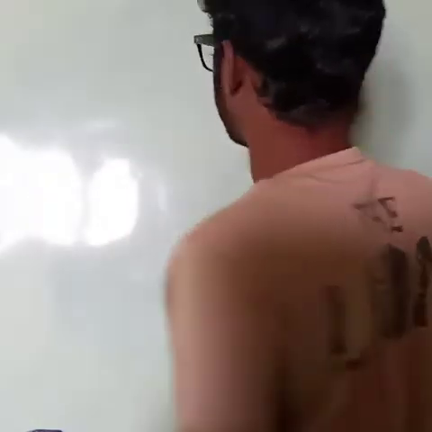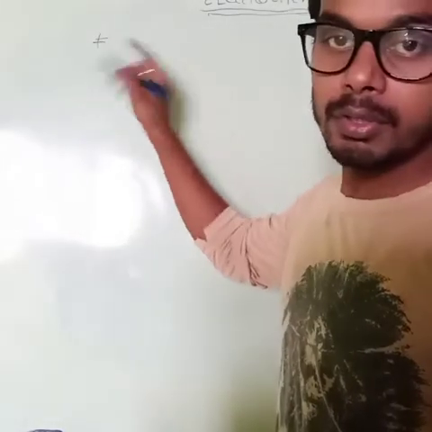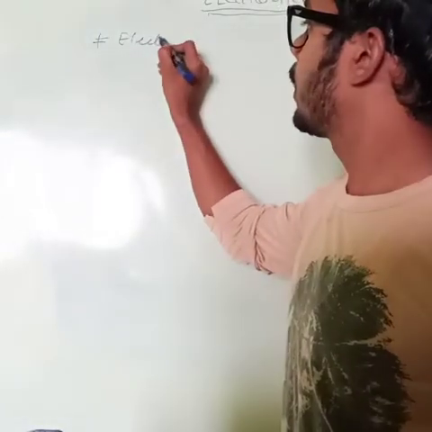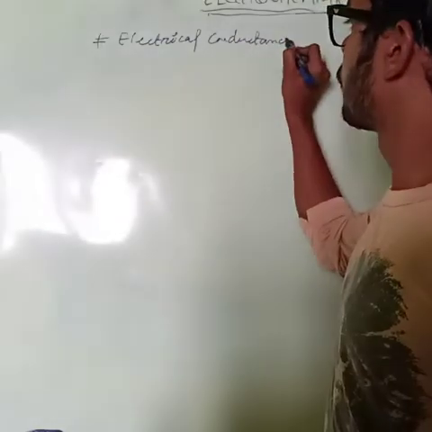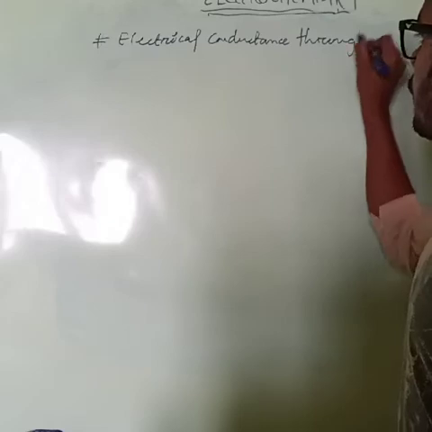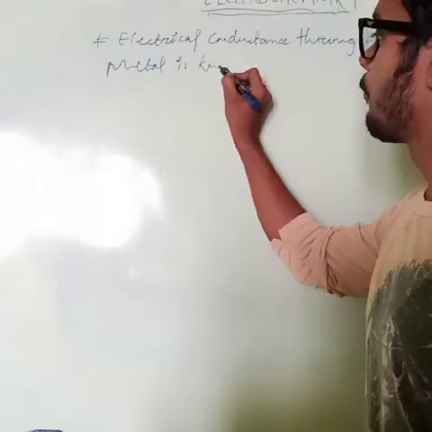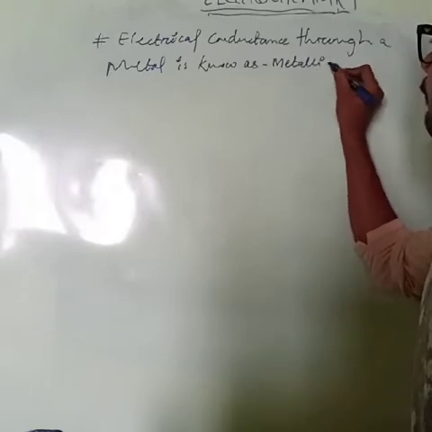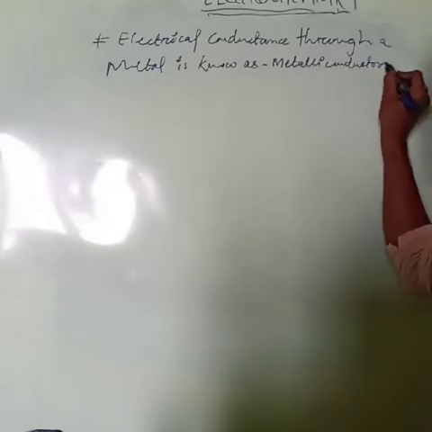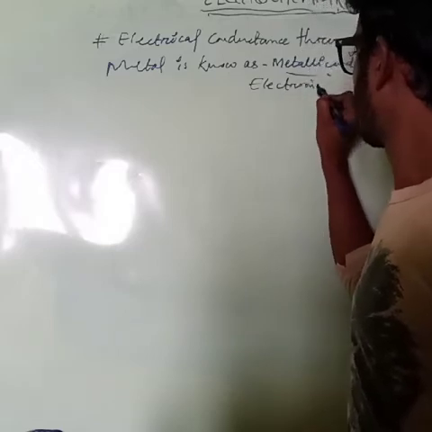So electrical conductance through a metal is known as metallic conductor, or you can say an electronic conductor.